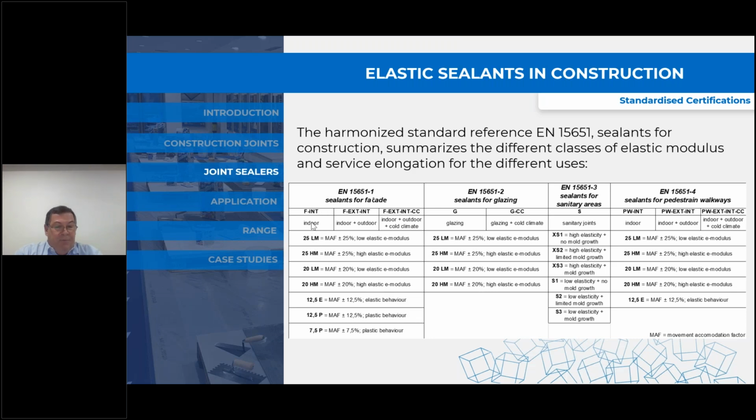And when we look at the gradings down the side, we look at 25 LM and MAF, so that's a plus or minus 25% low modulus or low elastic modulus, and the movement accommodation factor, which is MAF, is plus or minus 25%. Now this is 25% of the actual joint size in movement.